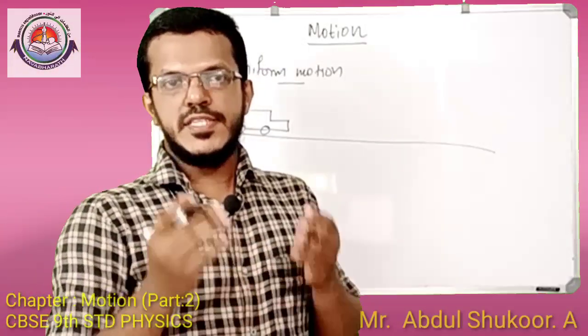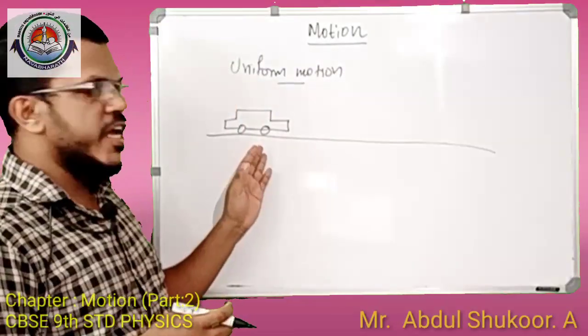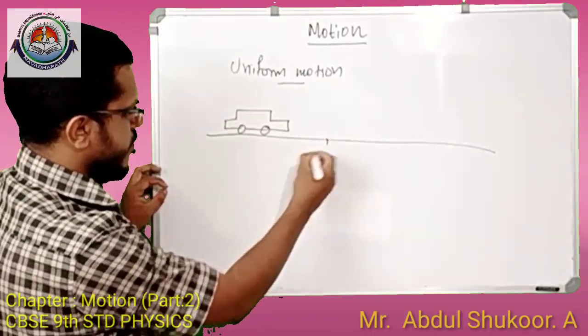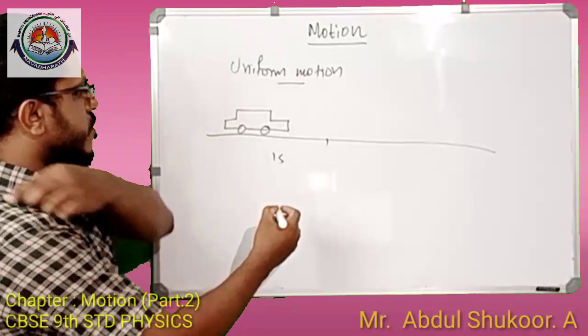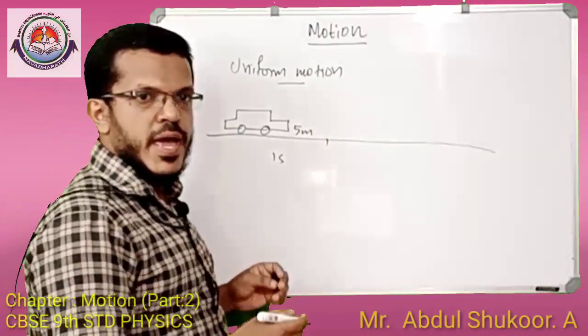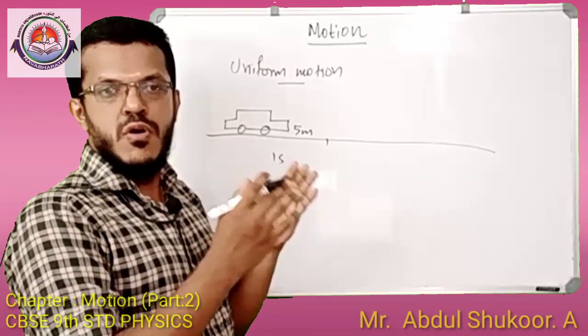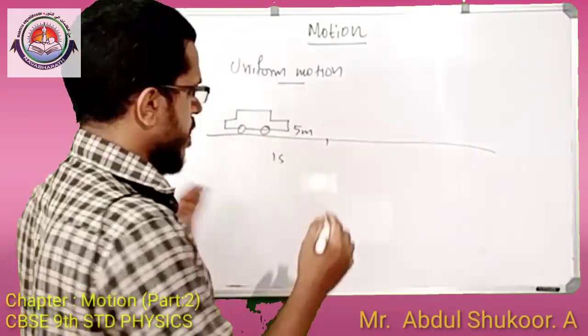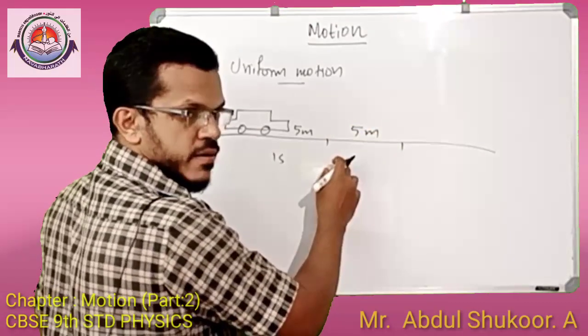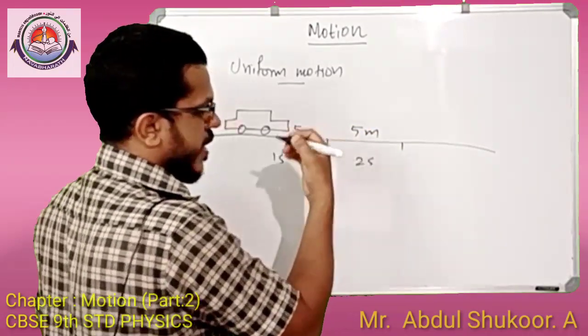Let it travel 5 meters in the first second. In the first second, this car covers 5 meters, and 5 meters more in the next second. Again, this car moves 5 meters in the second second.